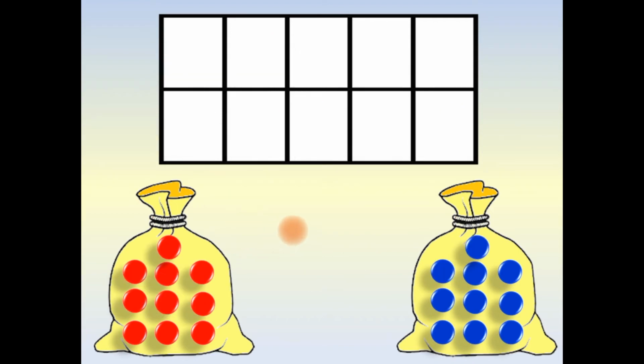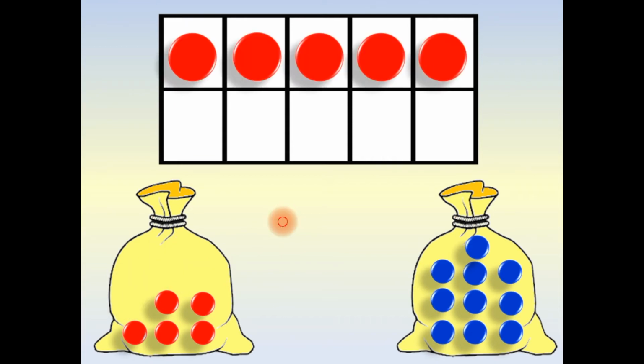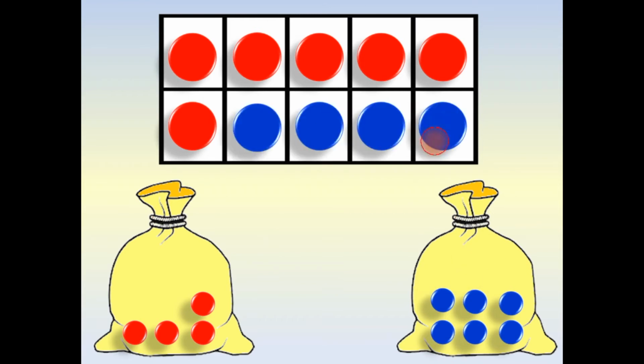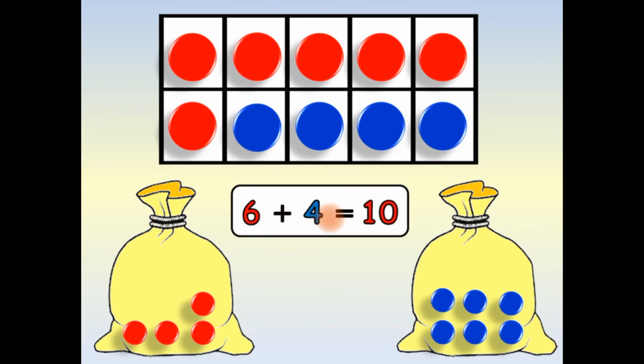Distribute again. Of course, we're going to distribute 6 red phones, and we are going to continue with 4 blue phones. So the equation is 6 plus 4 equals 10. 6 red phones plus 4 blue phones gives us 10.